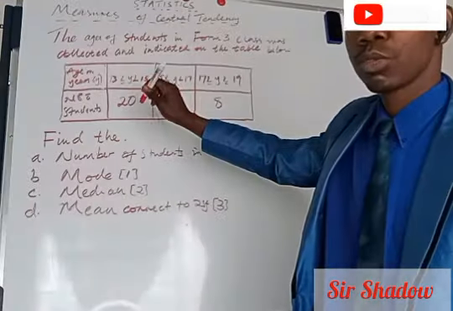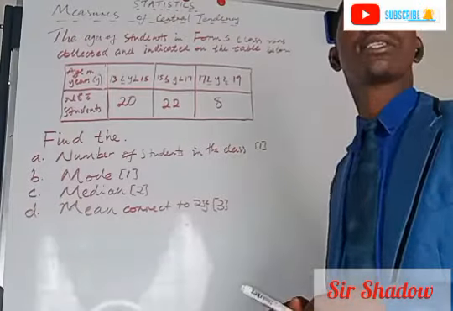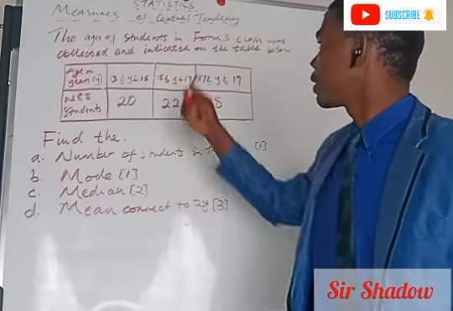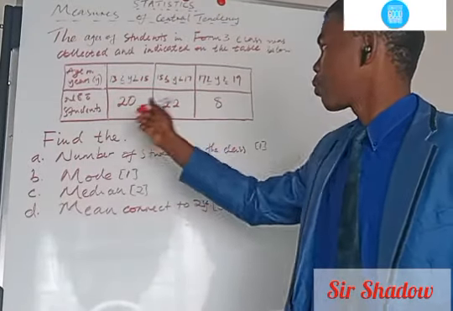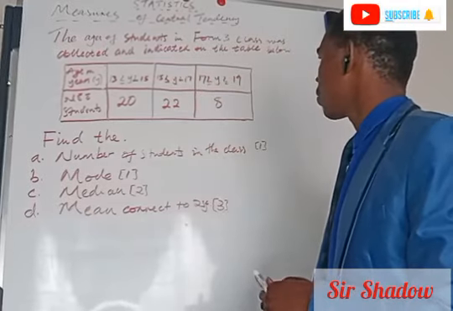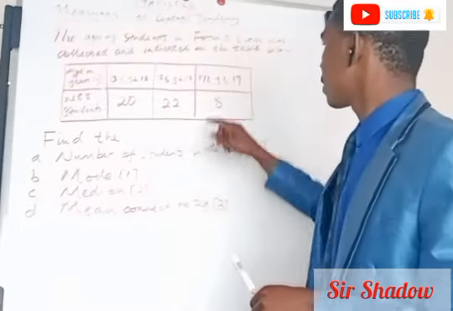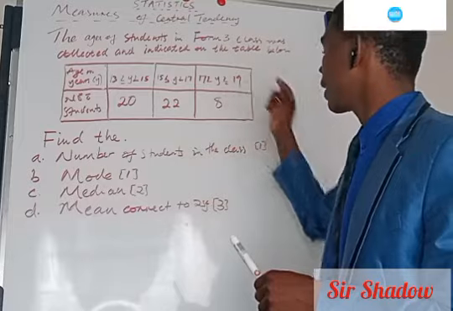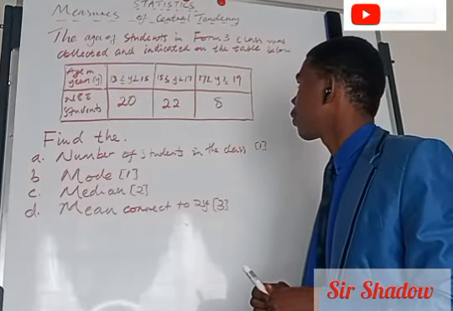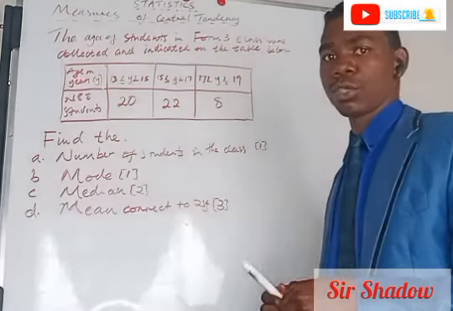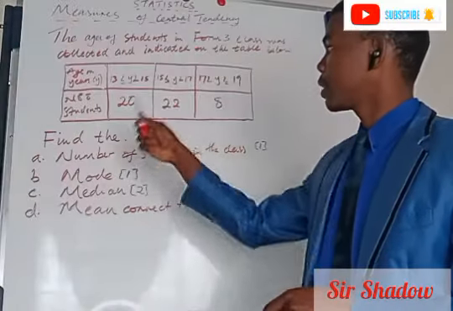Also 15 is inclusive, since we have 15 is less than or equal to y, then 17 is exclusive. Then the number of students is 22. Then 17 is less than or equal to y, where y is less than or equal to 19. Then 8 students.